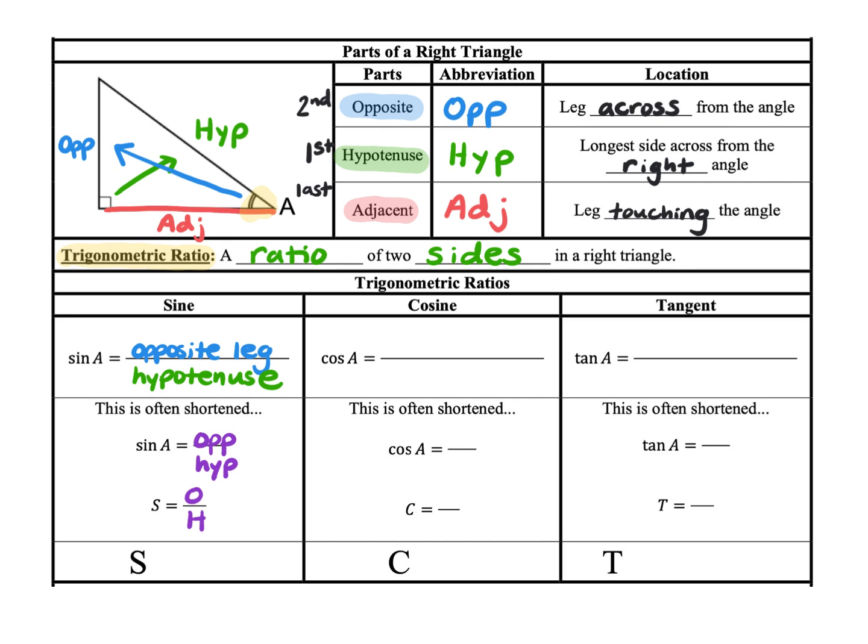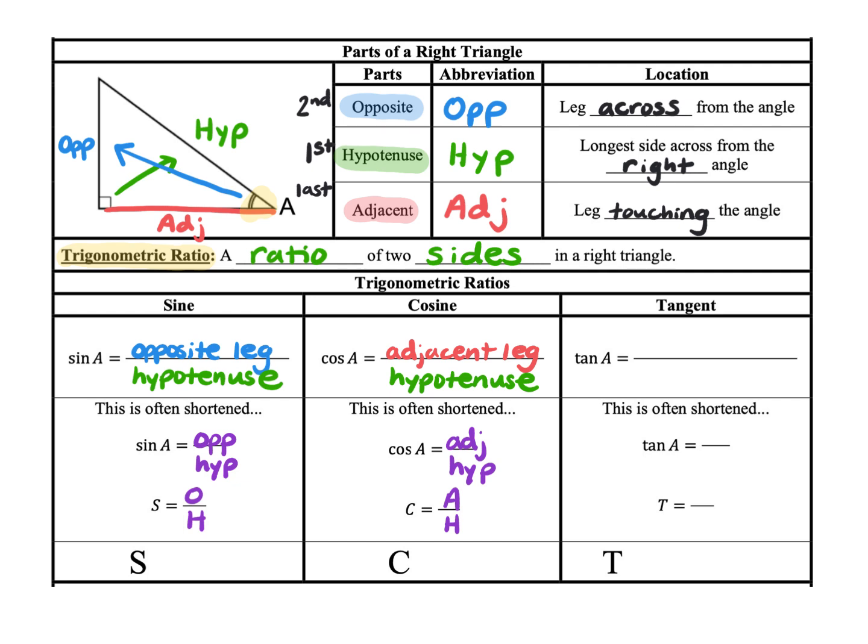And the cosine of an angle is defined as the ratio of the adjacent leg divided by the hypotenuse. This is often shortened with the abbreviation, so cosine A equals ADJ over HYP, or just A over H.